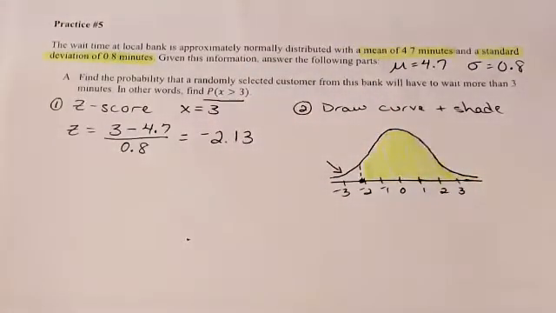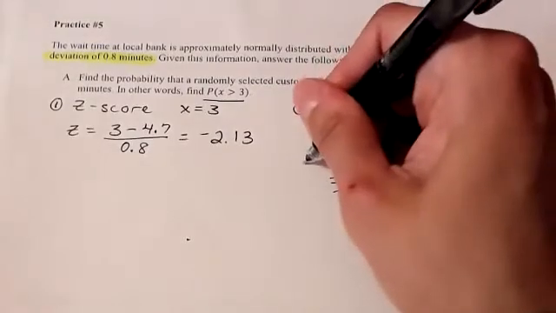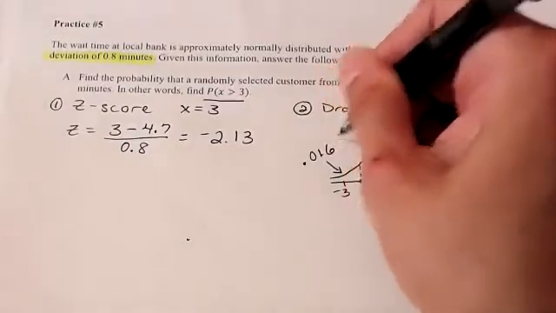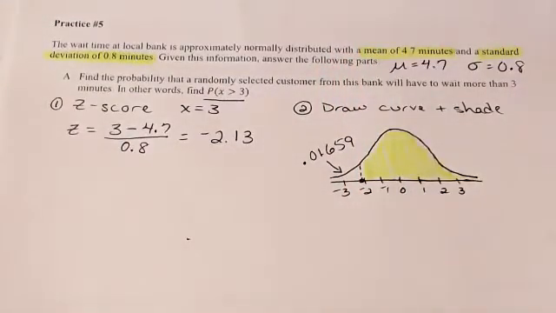That's okay. I see -2.1, and then -2. When you've got -2.1, go across until you get to the column that says 0.03. 0.01659. Yes, beautiful. 0.01659. We want the area to the right.